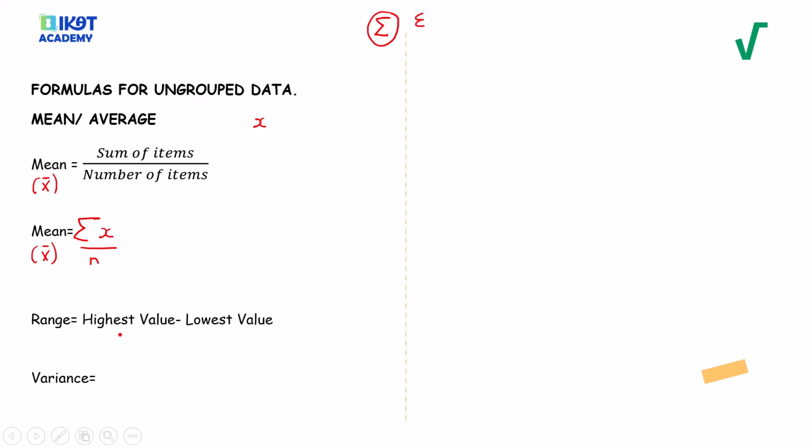Then the variance. Many of us have been familiar with calculating variance for grouped data, but many people are not aware that we can calculate variance also for ungrouped data. We have many formulas, but actually it's one formula written in different ways. Though we are going to use this one, out of n squared.